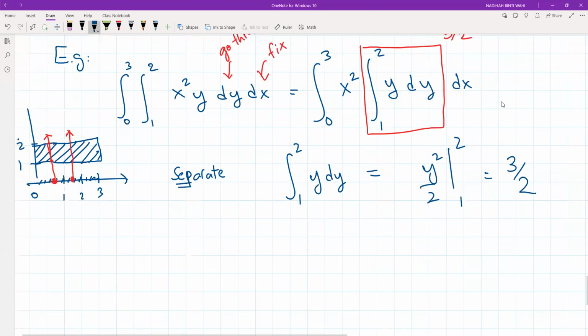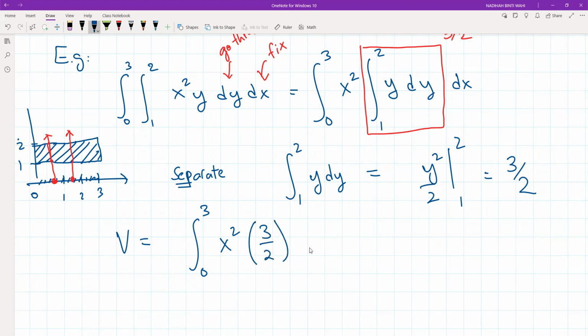Okay, so saya masukkan balik. So I put it back into my integration. So V yang kita nak adalah integral from 0 to 3, x squared times 3 over 2 dx. So this is equal to 3 over 2, integral from 0 to 3, x squared dx.